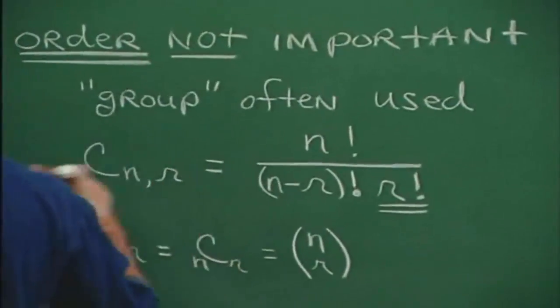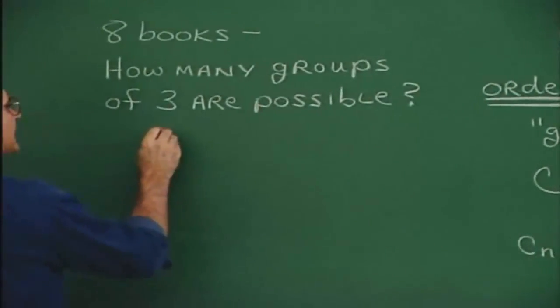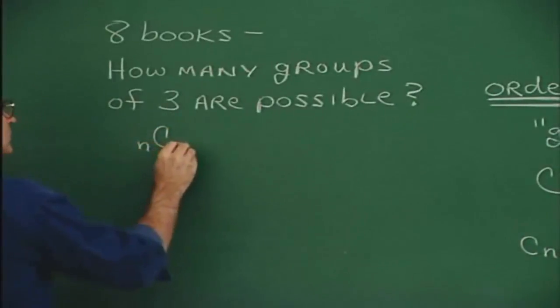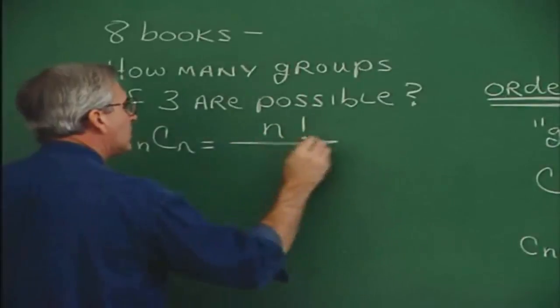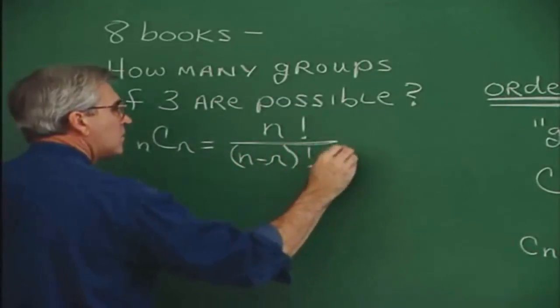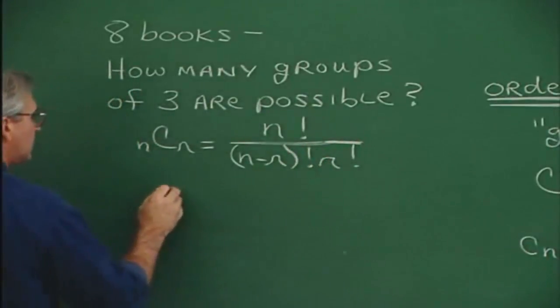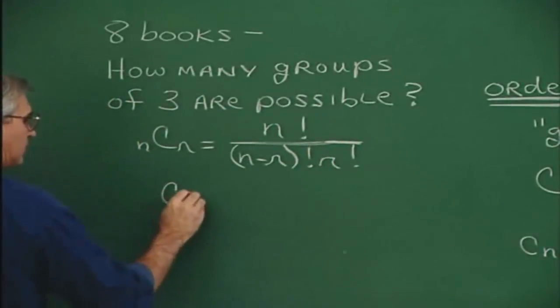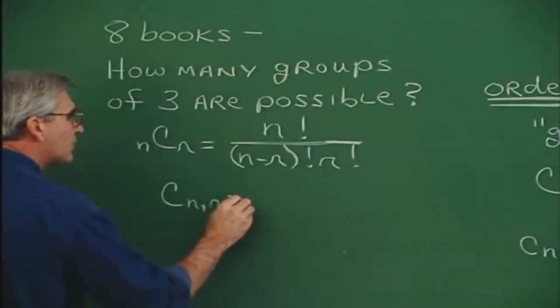Now, back over here then, to solve this problem, we would begin by writing the formula, and then fill in information into the formula. Notice I'm changing the notation back and forth just so we'll be familiar with both.